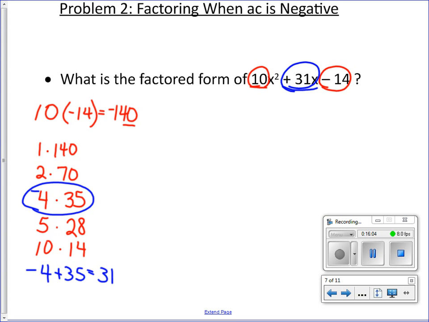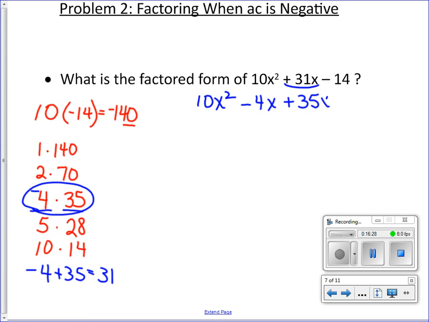All right, so let's rewrite the whole problem. And we're going to replace the 31x with our two factors here. So we have 10x squared. Rather than the 31x, we're going to rename it as minus 4x and plus 35x, and then minus the 14.